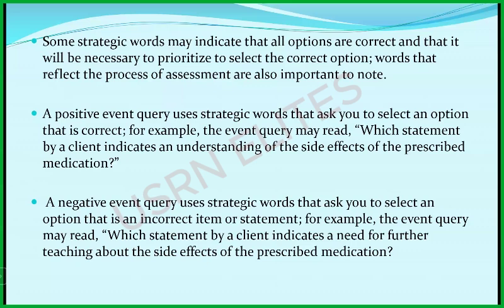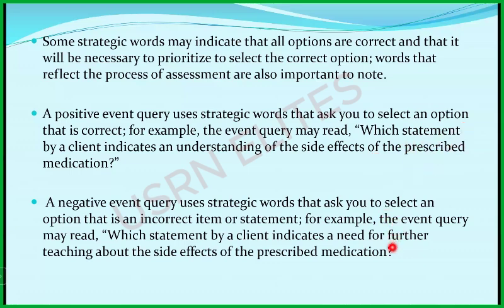Let's look at the negative query. It uses strategic words that ask you to select an option that is an incorrect item or statement. For example, the event query may read, which statement by the client indicates a need for further teaching about side effects of prescribed medications? Anything that the patient says that is in line with the side effects is a positive one, so it goes.